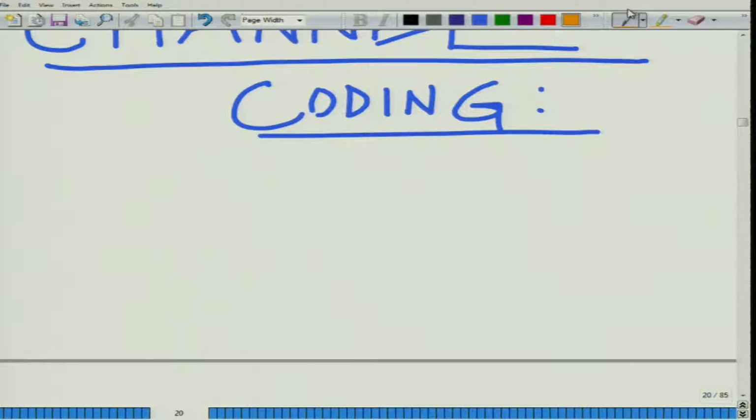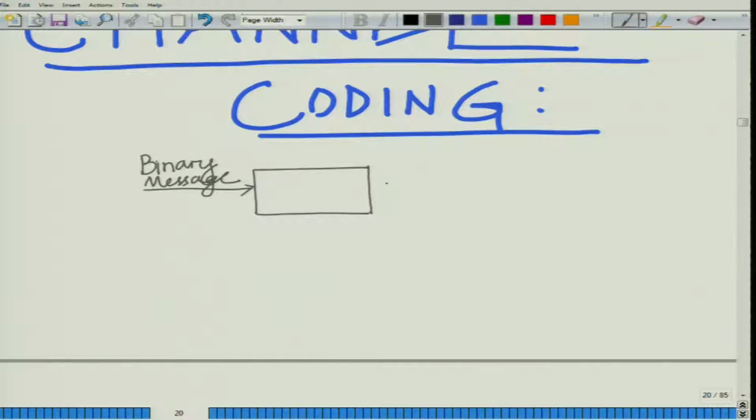Now, as we have seen in a communication system, we have a binary message, which will pass through some block.